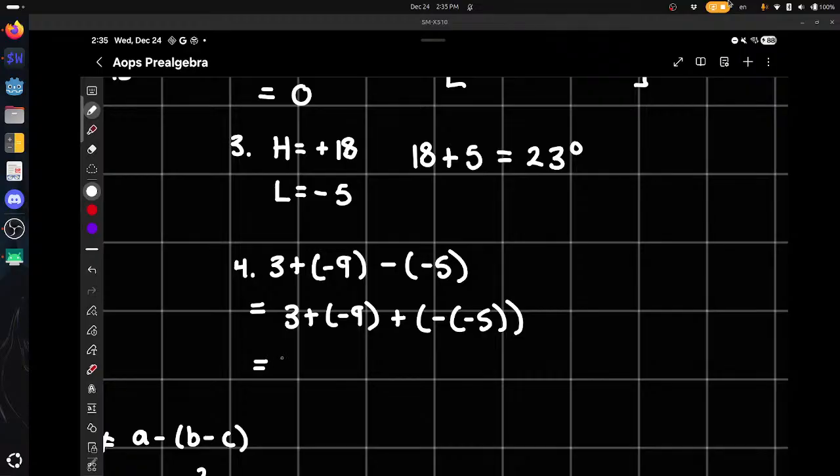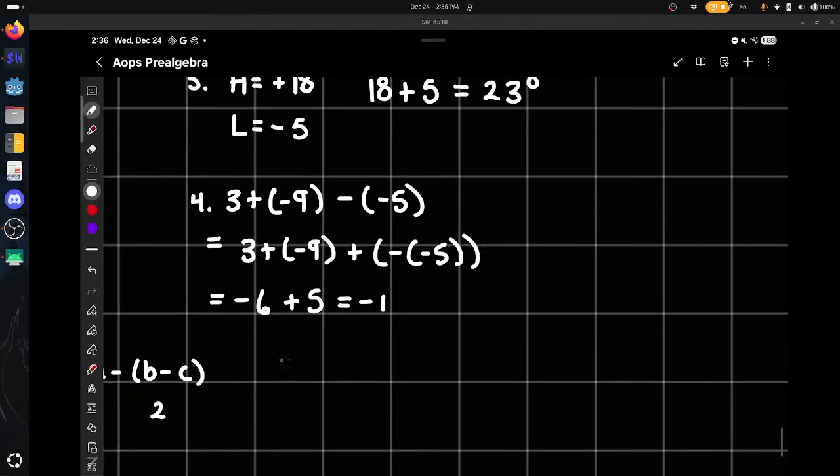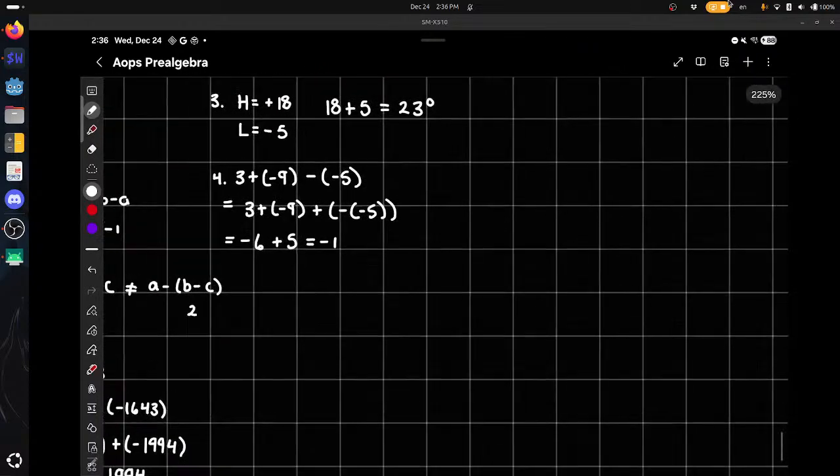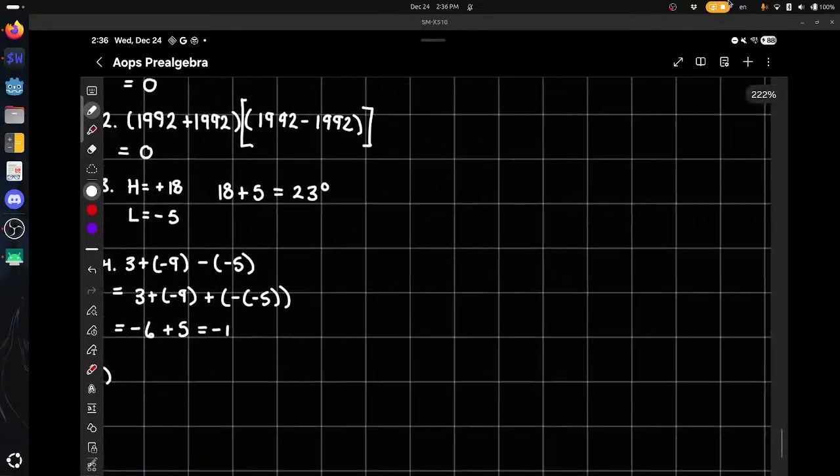We can now group this, but we can also just subtract it. So this would be 6 plus 5 minus 1. Why do I feel like I did this wrong? No, I don't think I did. Okay.